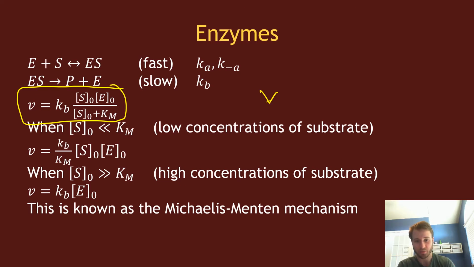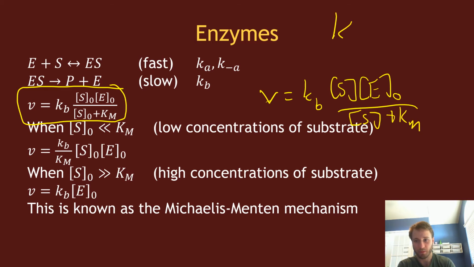You could just write the rate law as Kb times S times E naught, the initial concentration of the enzyme, over S plus Km, where Km is Kb plus K minus A over Ka. This ratio of rates.